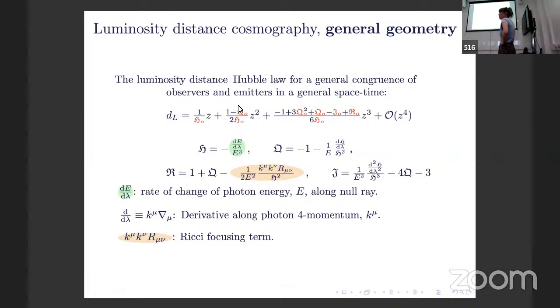Yes, because H contains kinematic variables related to the emitter congruence, but it doesn't come directly from the Sachs optical equations. This is basically the curvature term from the Sachs optical equation, which comes in here in the curvature parameter.